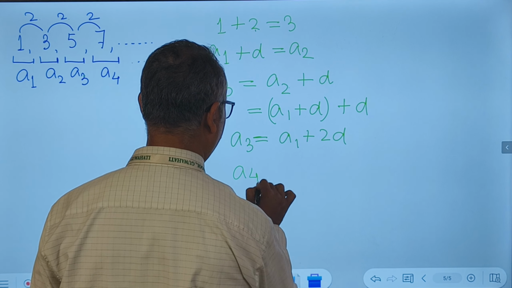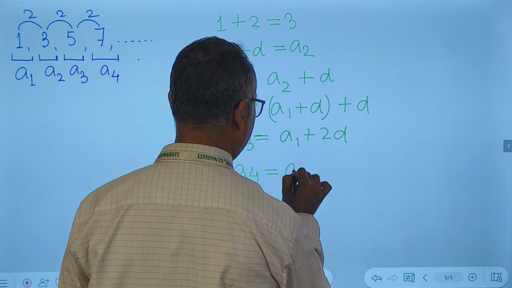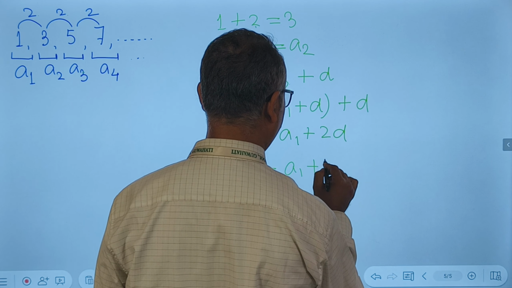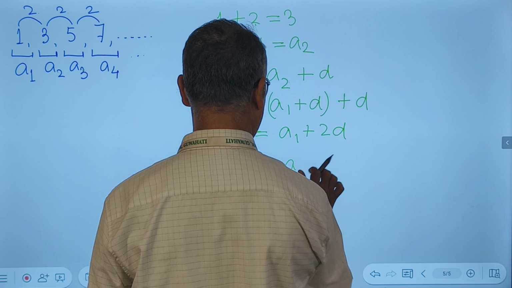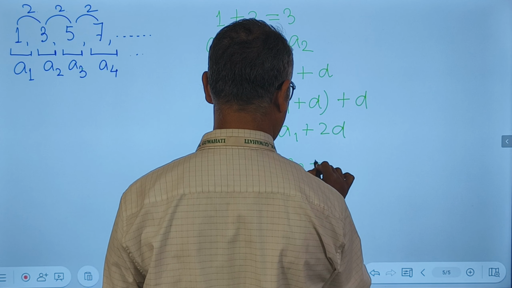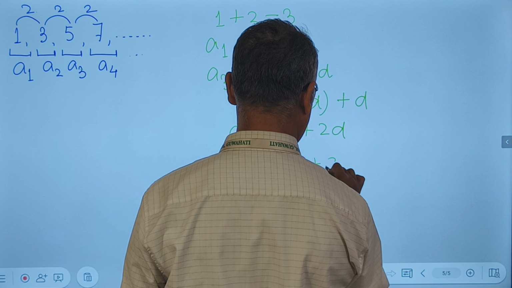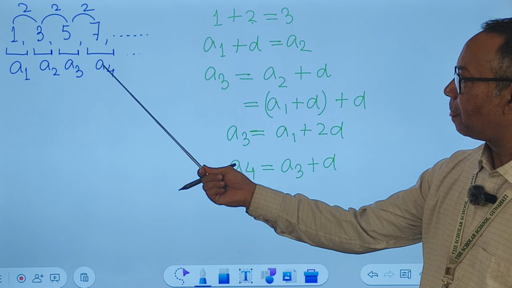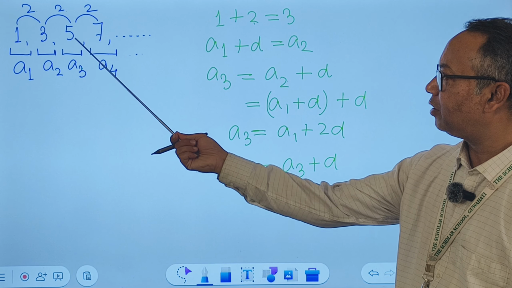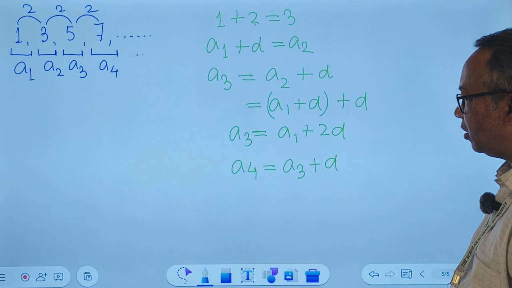Similarly, how can we write the fourth term? We get the fourth term by adding the difference to the third term.